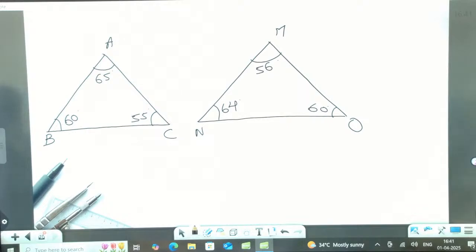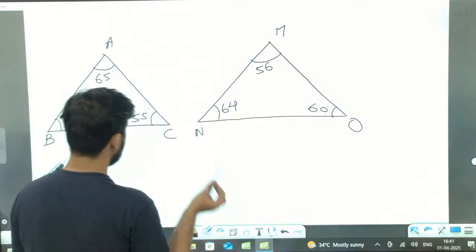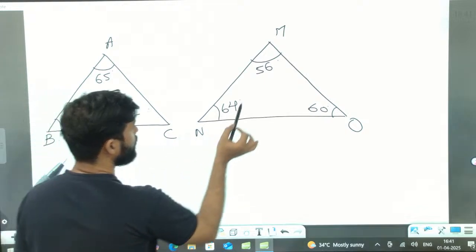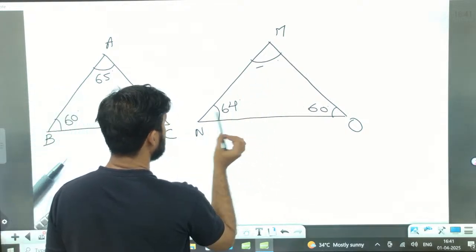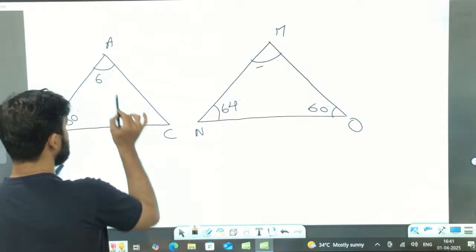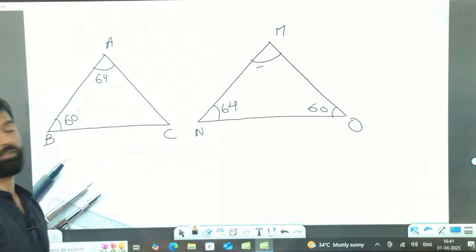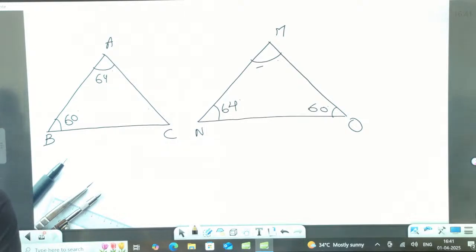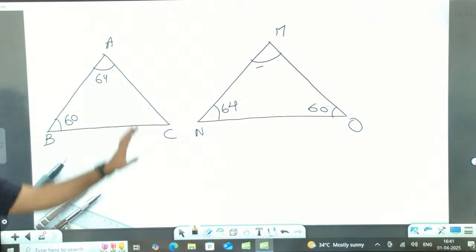No problem. Okay. Tell me, are they similar now? Yes. If two angles of any two triangles are equal, then obviously the third angle will always be equal. So these two triangles are similar.